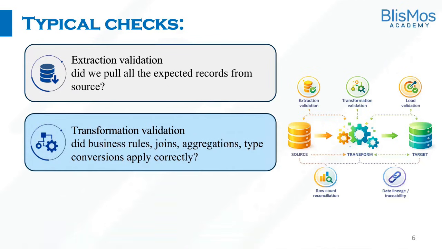Second is transformation validation. This is where we verify the business rules, joins, aggregations, conversions. Suppose the requirement says a customer's total sales should be calculated by adding all the orders. ETL testing verifies whether that transformation produced the correct result or not.